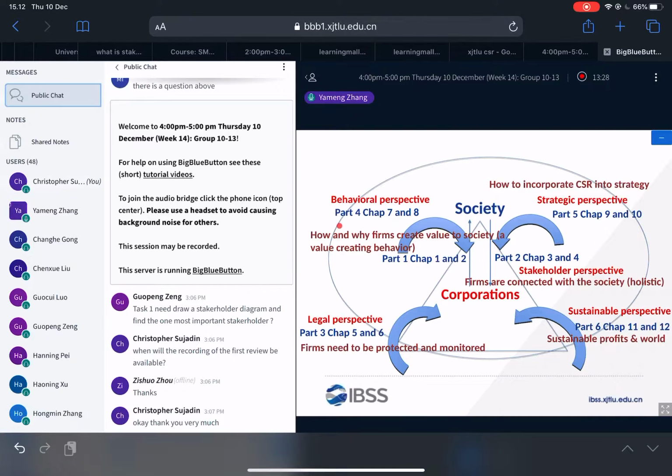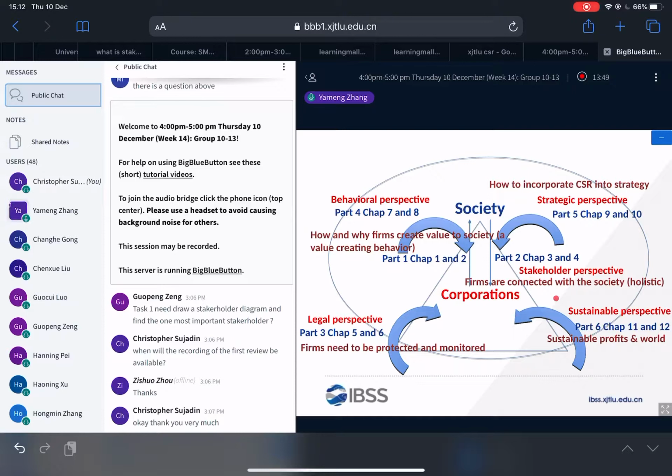So in this part, chapter 7 talks about how firms create value for society. And chapter 8 introduces why firms should create value for the society. Okay, we try to understand CSR as a value creating behavior of the firm.